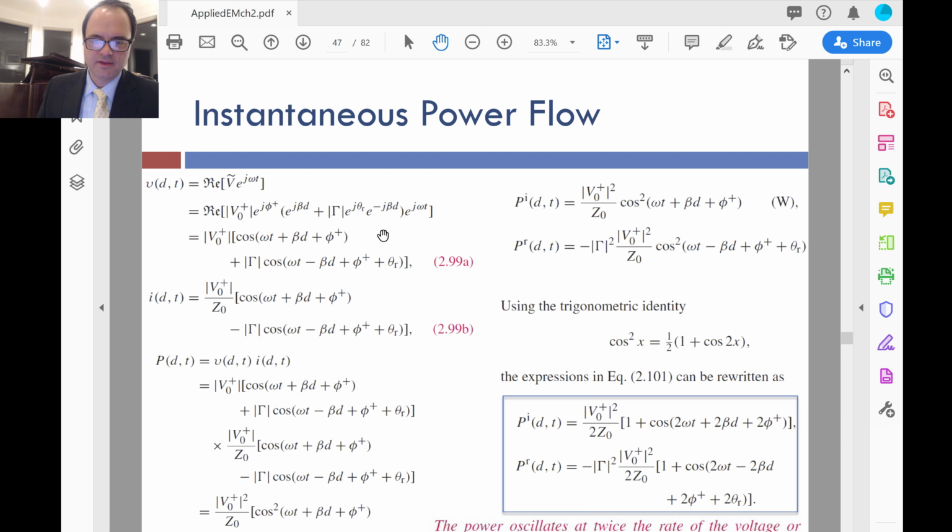And so we write the equation for V(t), so we go back to the time domain for V, back to the time domain for I. We take the product of the two, we do a little bit of math, and we get this down here, all right? And we see we have something with a positive beta d, which is forward propagating or propagating towards the load, and a negative beta d, which is propagating back towards the source. All right. Remember, we're using d's instead of z's.